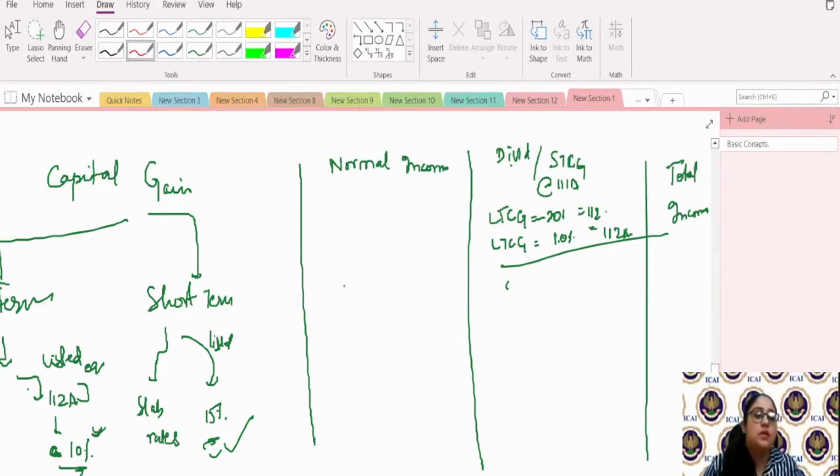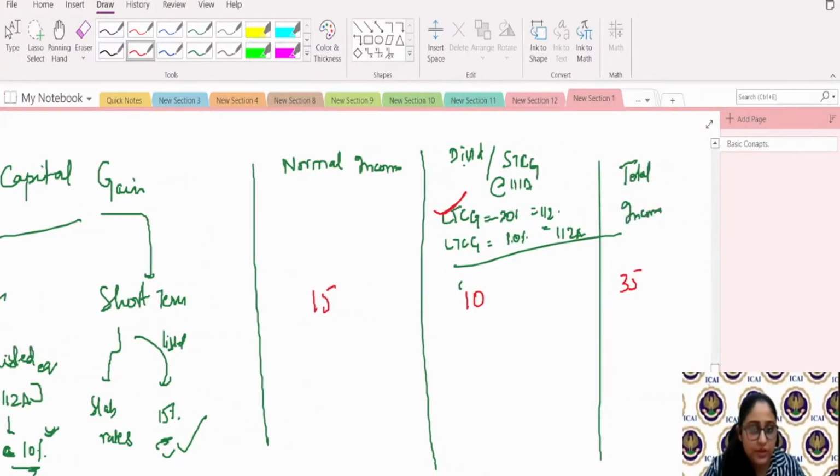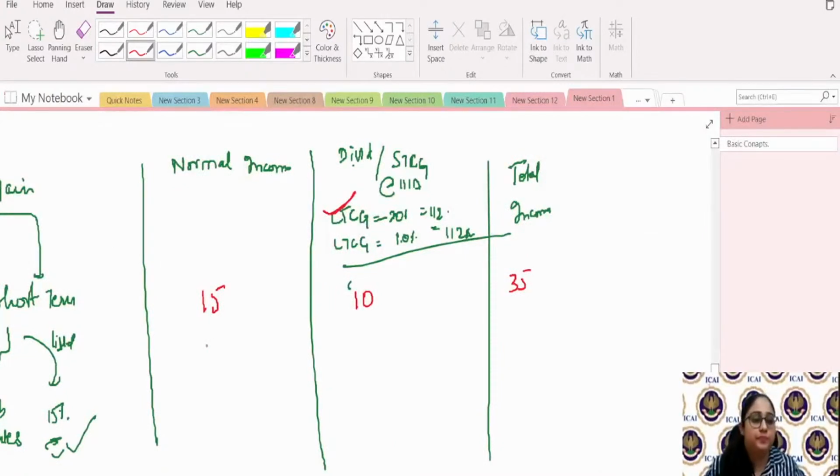Suppose my normal income is 15 lakhs. Let's pick one special income, my LTCG income is 10 lakhs. Total income is 35 lakhs. 15 lakhs at slab rate, 10 lakhs at 20%. Will surcharge apply on 35 lakhs? No, because income is less than 50 lakhs. Now next, all in lakhs.